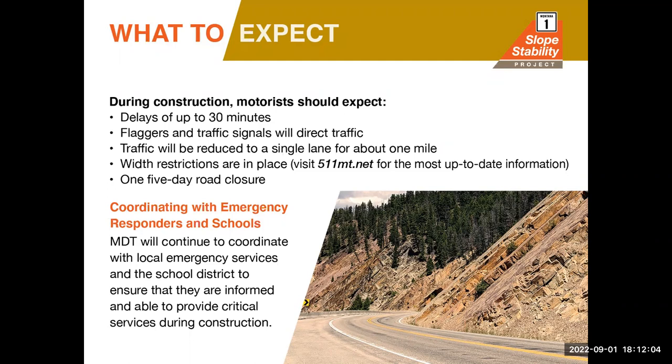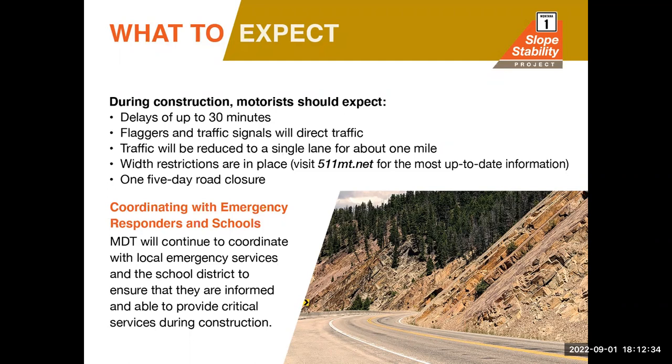There are two types of work that are going to go on while we're out there. The light scaling we can do while maintaining traffic running through the project. The heavy scaling is going to require a 5-day, 24-hour-a-day closure. There's a lot of rock hanging high above the roadway that we need to bring down without endangering the workers or the traveling public.